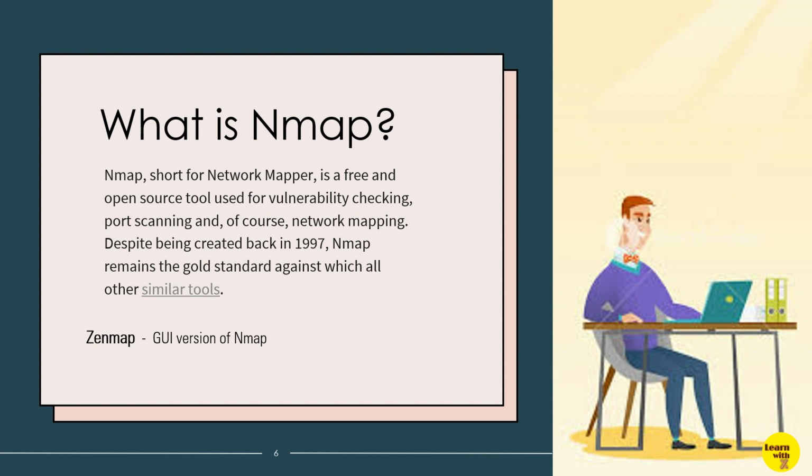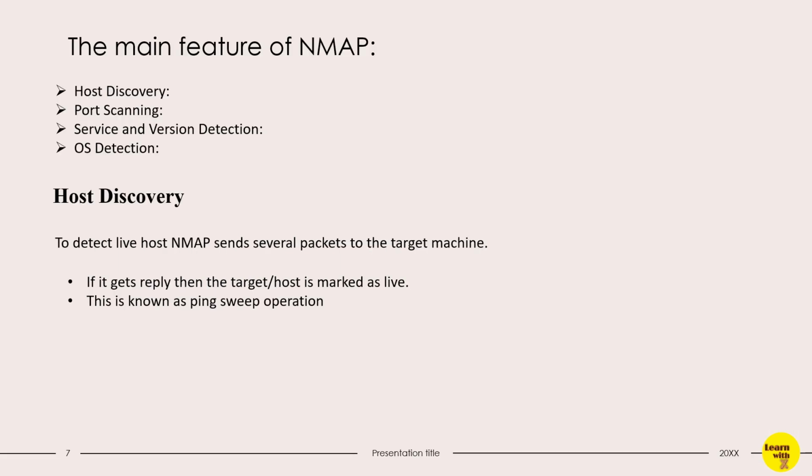You can download Zenmap on your Windows, Linux, etc. It's nothing but a graphical interface of Nmap. The main features of Nmap are host discovery, port scanning, service and version detection, OS detection, etc.